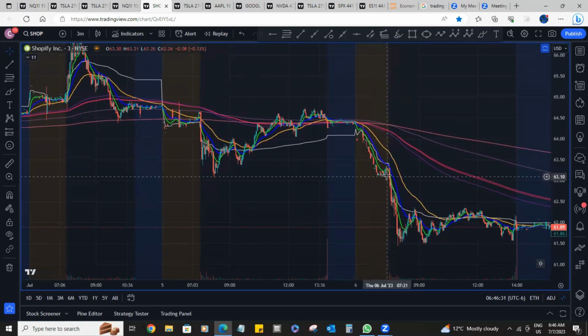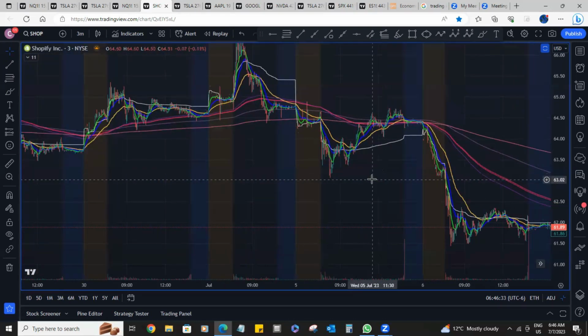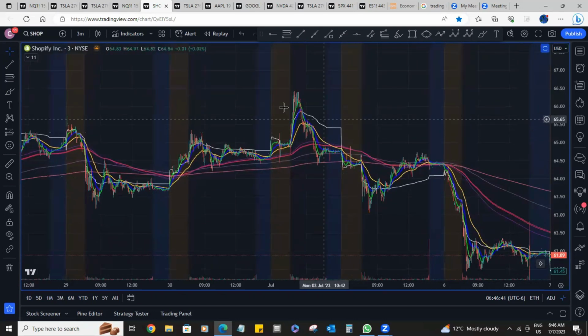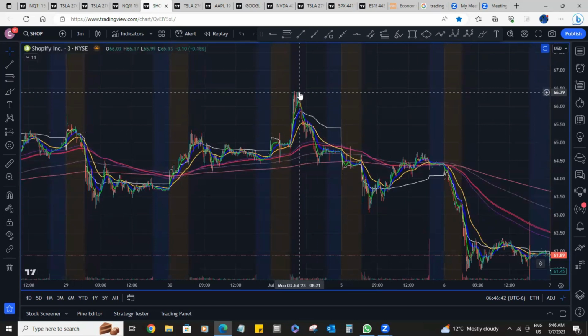But so right here, you basically ran out of buyers, and that's why it dropped. Same as when you hit a high point, you've ran out of sellers, an upper trend line, and so basically that's why it breaks through resistance.